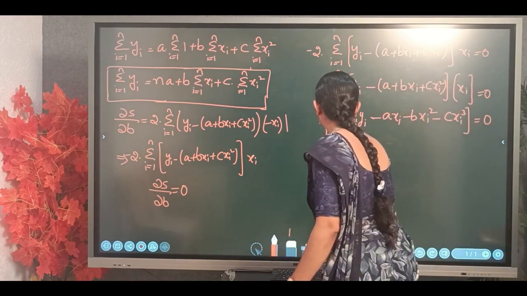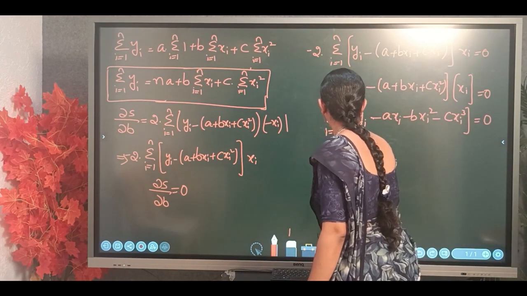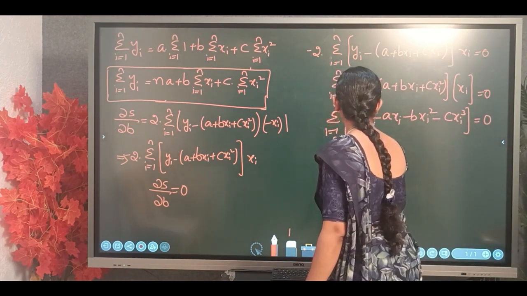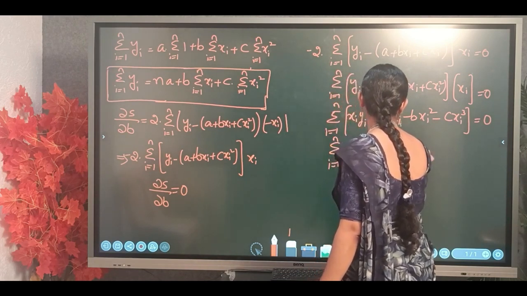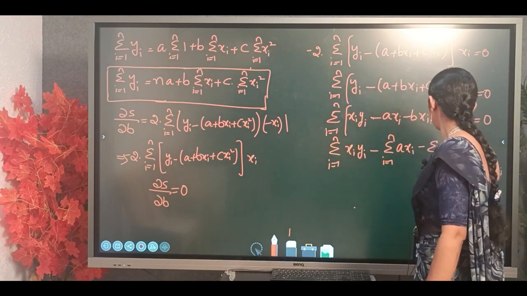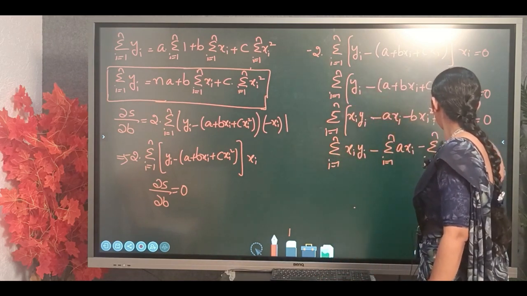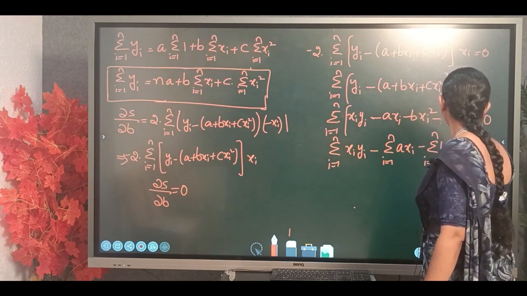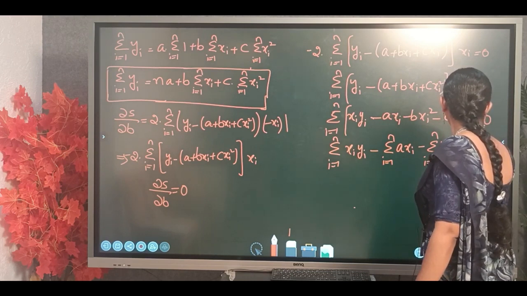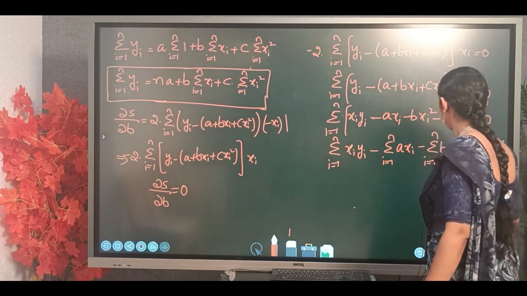Now we are separating the terms. Summation i equal to 1 to n of xi yi minus summation a xi minus summation b xi square minus summation c xi cube is equal to 0.